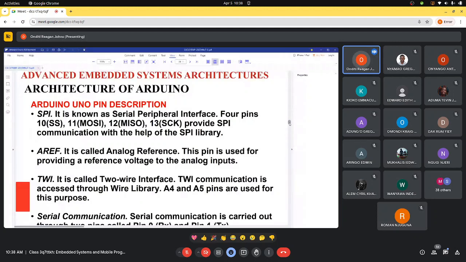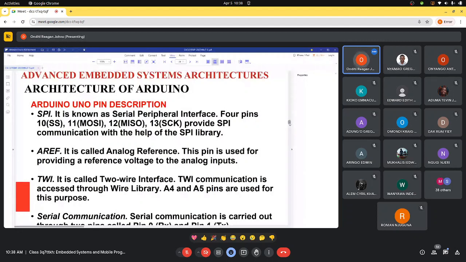TWI is called two-wire interface. It's a communication interface accessed through the Wire library. This one can be accessed through pins A4 and A5. So what is the function of the two-wire interface? These are a few things that I would want to leave to you as assignments to understand in detail.